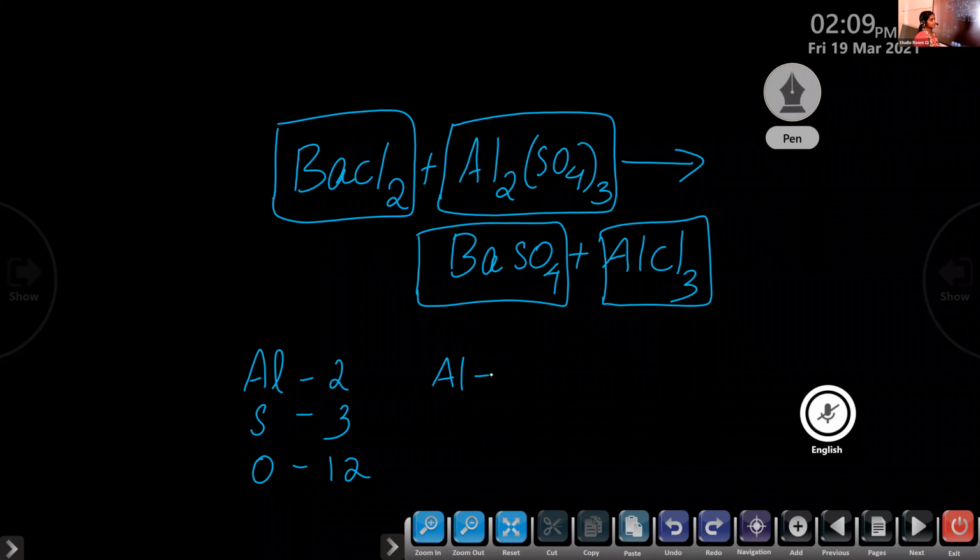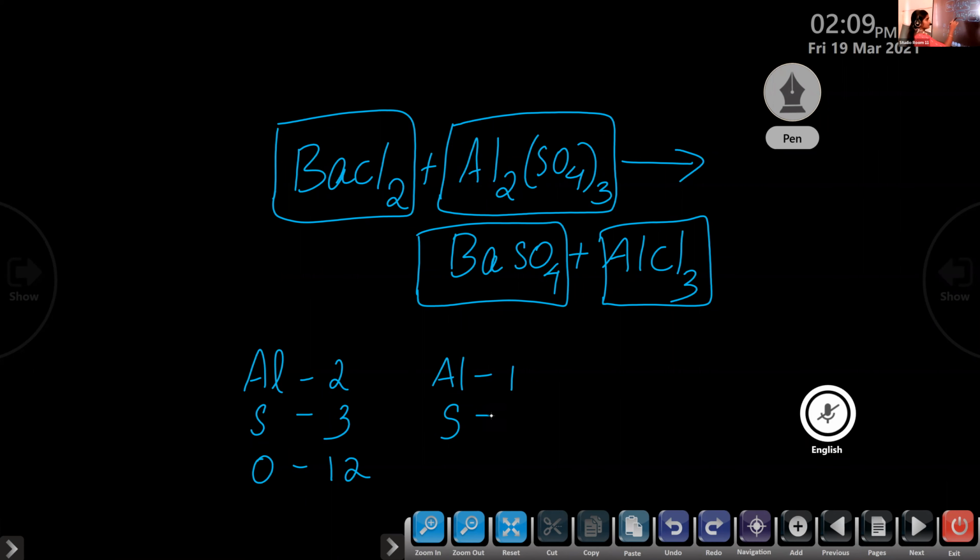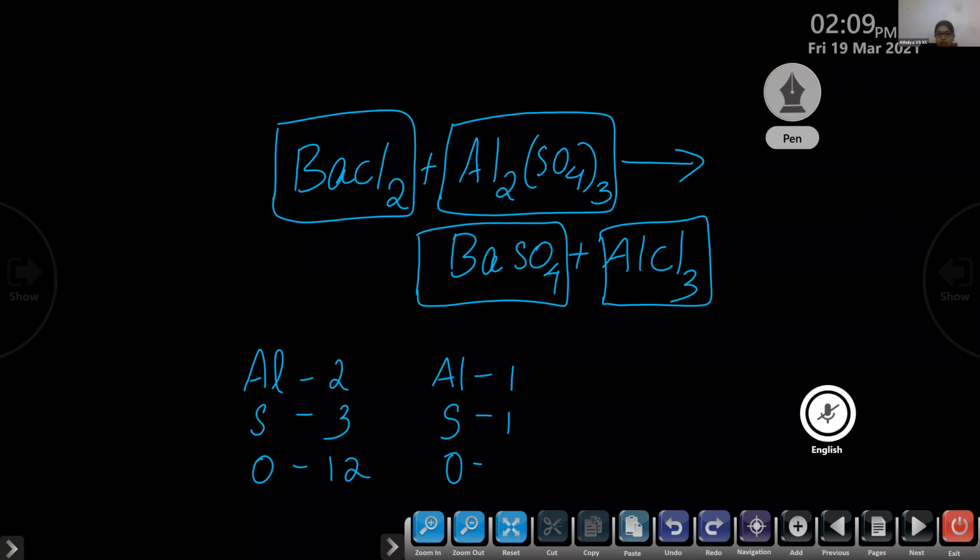Adulya, tell me. One. Yes, 1, right? Okay, then what about sulfur? Sulfur, not oxygen. One. Yeah, 1. Oxygen, 4. So we need to balance aluminium, sulfur, oxygen.